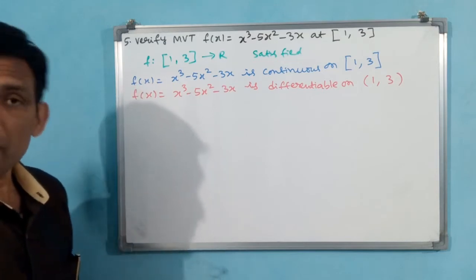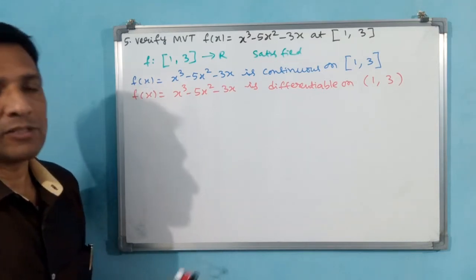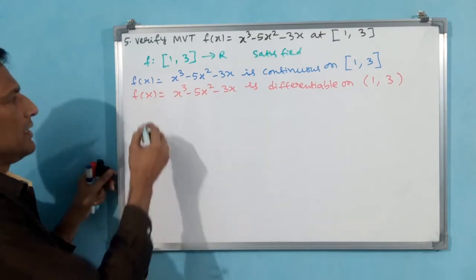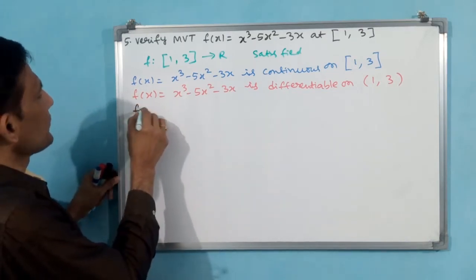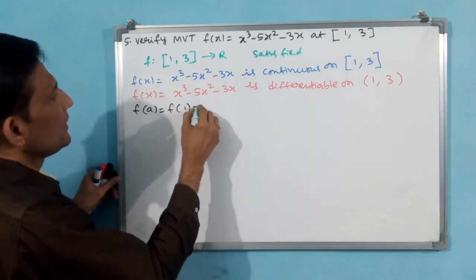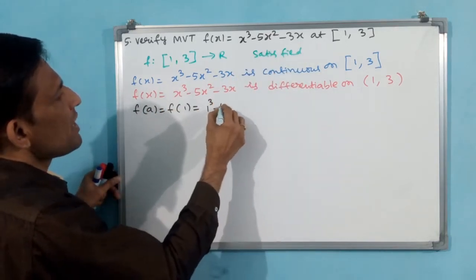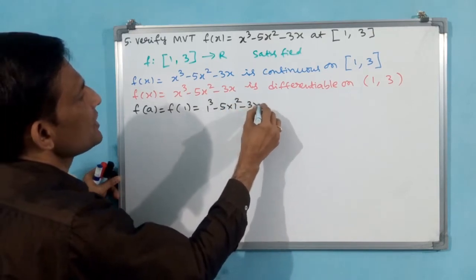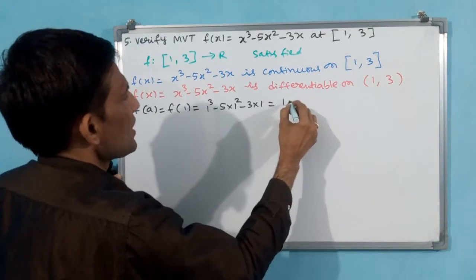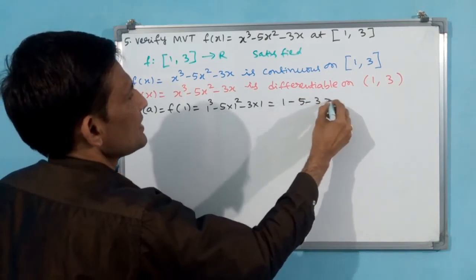For the mean value theorem, you have to find f(a), f(b) and also f'(x), but f(b) and f(a) should not be equal to each other. First of all, find f(a). f(a) = f(1) = 1³ − 5·1² − 3·1 = 1 − 5 − 3 = −8 + 1 = −7. Is it correct? 1 cube is 1, 1 square times 5 is 5, 1 times 3 is 3.